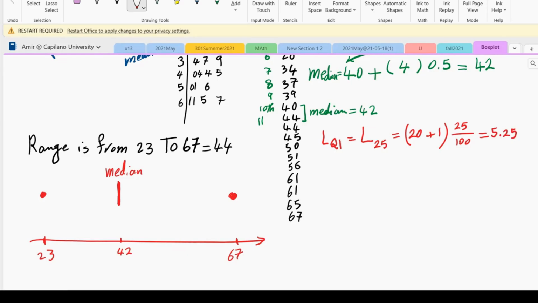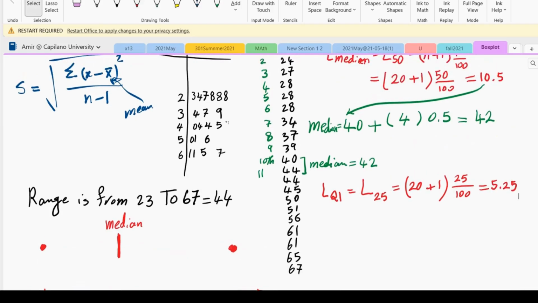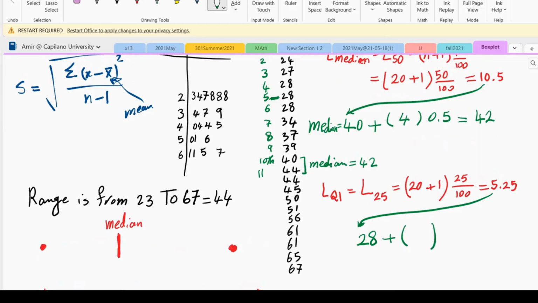Now, similar to what we did before, we need to identify the fifth observation, because observation 5.25 is giving us where 25% of observations are less than it. And here we see that the fifth observation is 28. So we write 28. Then we have to go between the fifth observation and the sixth observation, we have to go 25% of that distance.